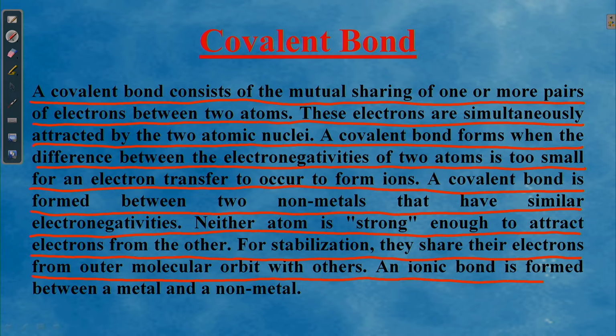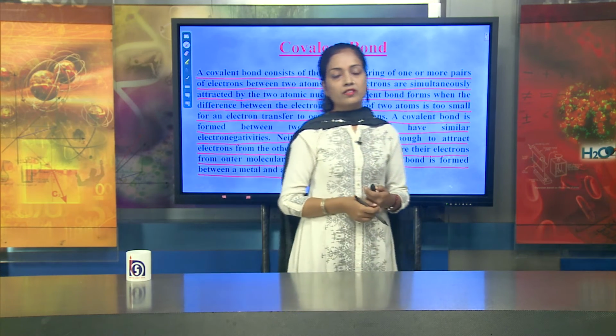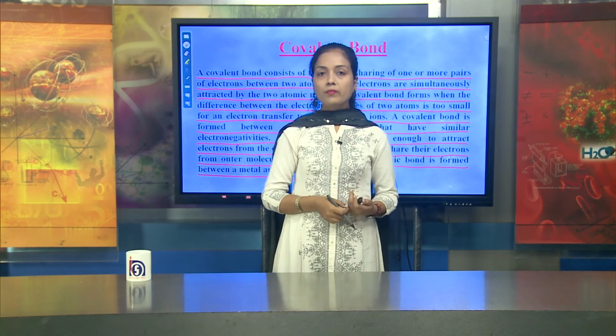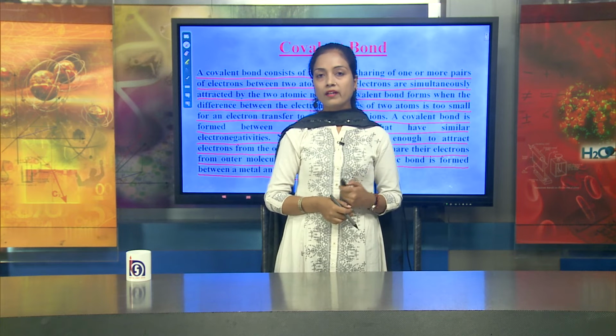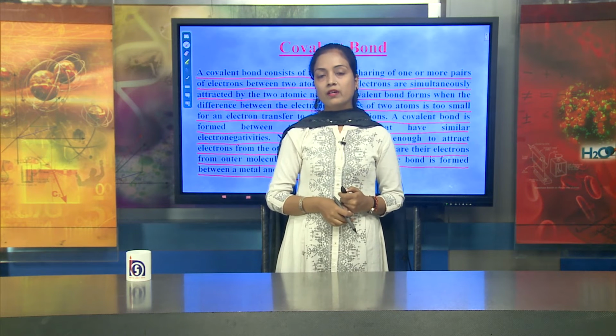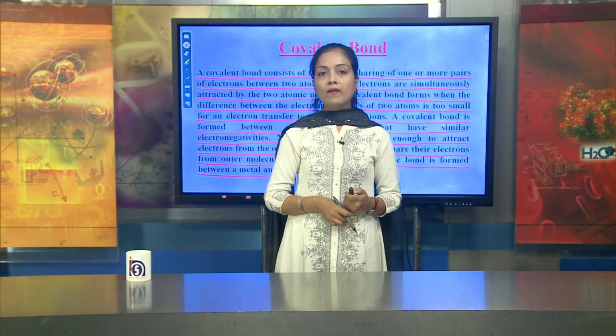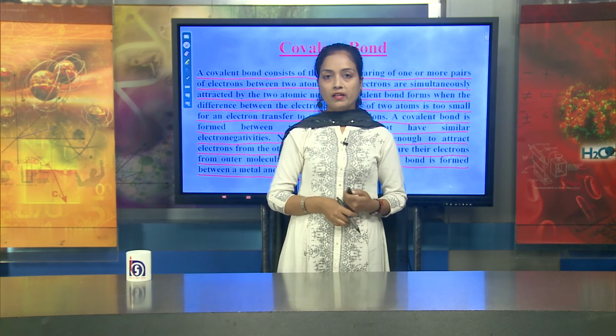An ionic bond is formed between a metal and a non-metal. As I said earlier, there are three kinds of bond: ionic bond, covalent bond and coordinate bond. In this chapter, we are going to discuss covalent bond in a brief manner.